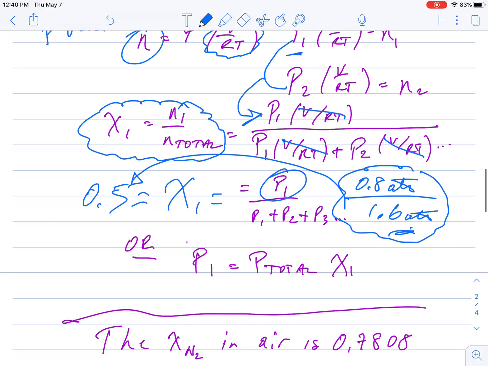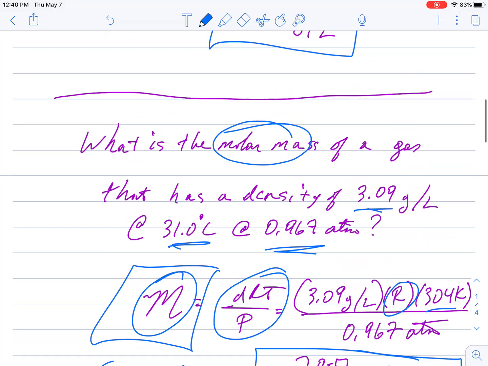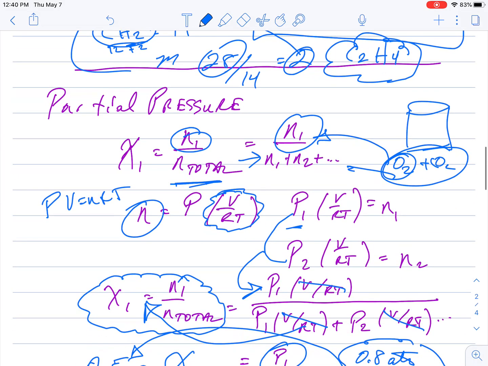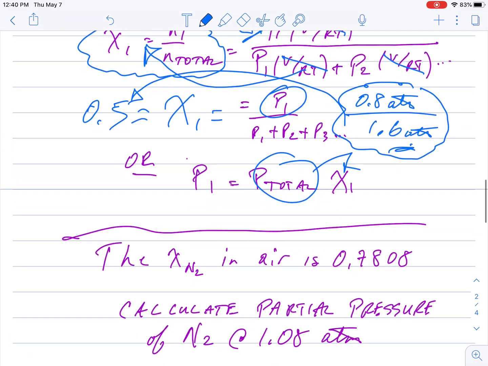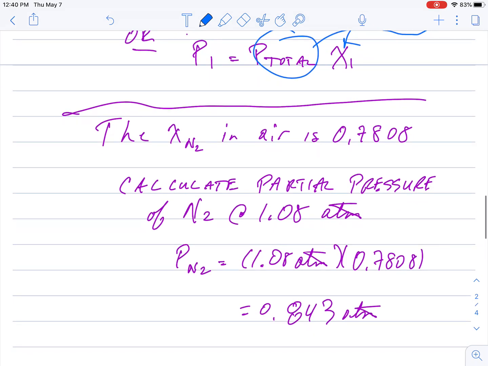Now, if you do some simple manipulation here, pressure 1, if I move this over here, also equals the total pressure times that mole fraction, which is Z1, or chi 1, excuse me. So let's say, for example, you have this problem. You know that the fraction of nitrogen in air is 0.7808, or you can think of it as being 78.1%.